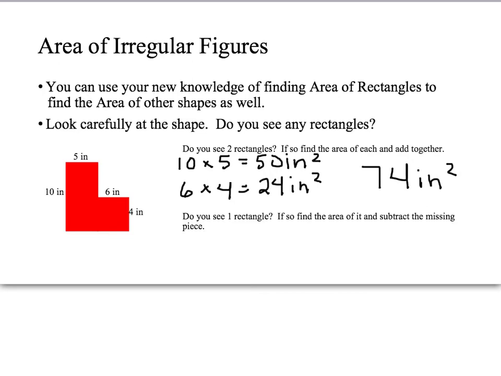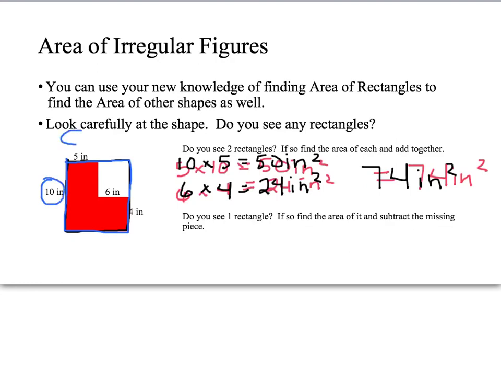The second way is, do you see just one rectangle? If so, find the area of it and subtract the missing piece. Now the one rectangle is if you'd want to fill in this missing gap, and then you just have your one rectangle right there. Well, to find the area we need to take length times width. Here's our width, but what would our length be that goes right up here?